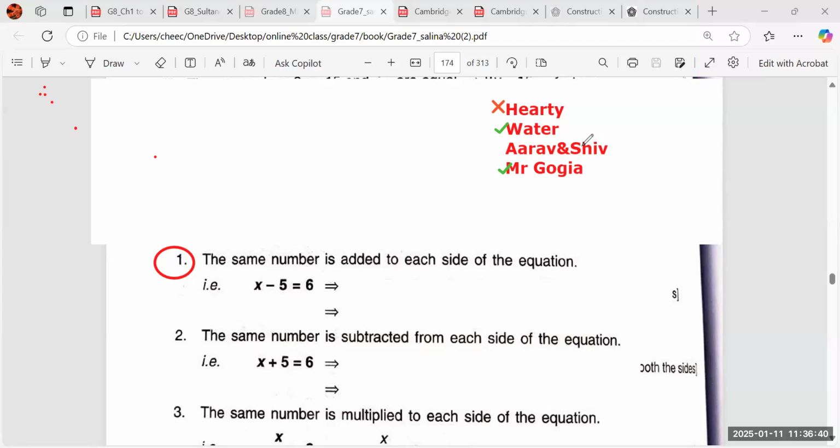Okay, fine. Good, Mr. Gogia, that you are trying to follow each and every word that I say. It's not a rule to put them in the same line, but initially you will end up making fewer mistakes if you put them in a straight line. After you get pro at linear equations, then you can do whichever way you like. Till the time you become a pro, you put them in the same line only.